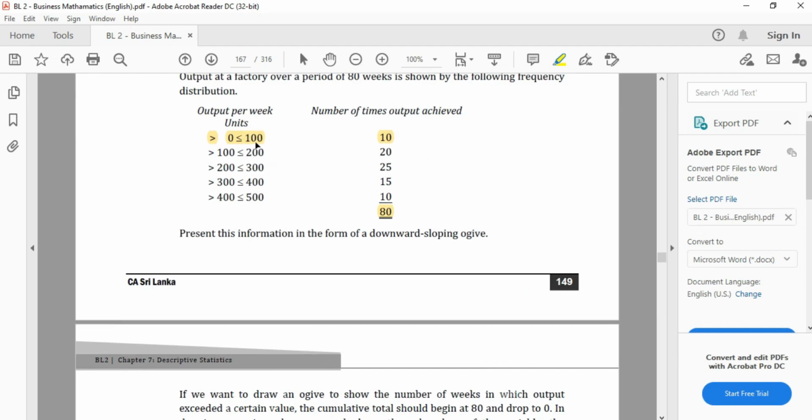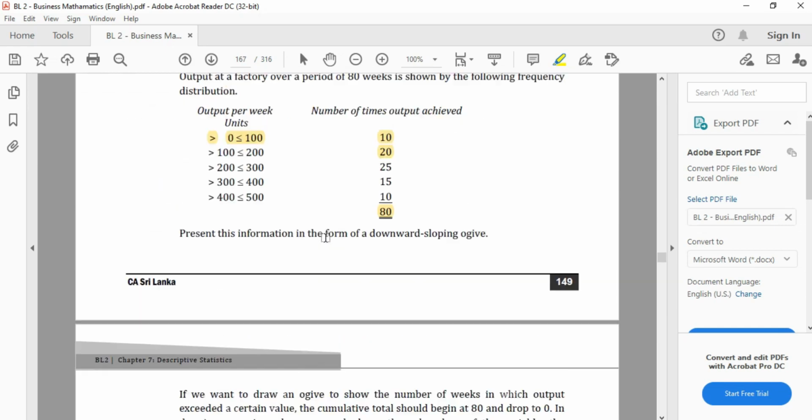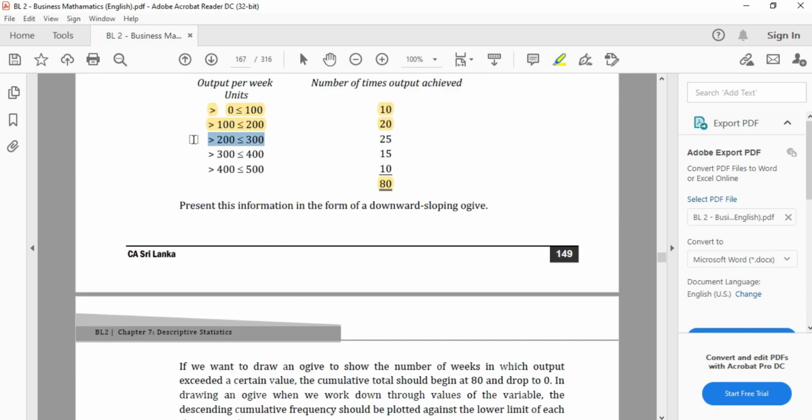Always use the upper limit. And then 20: 80 minus 10 minus 20 is 50. 50 is marked against 200, the upper limit of this band. And then 80 minus 10 minus 20 minus 25 is 25, which they marked here for the upper limit 300.